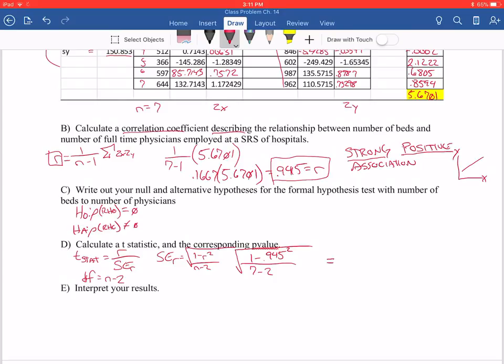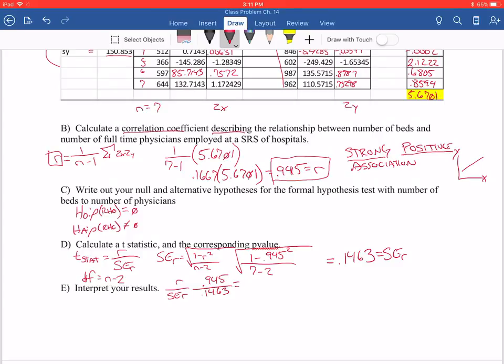When we simplify this out, when you square, then subtract, then divide, and take the square root, you will get 0.1463. And remember, that is equal to our standard error of R. So we just calculated the denominator here. So now we take 0.945 divided by 0.1463, right?